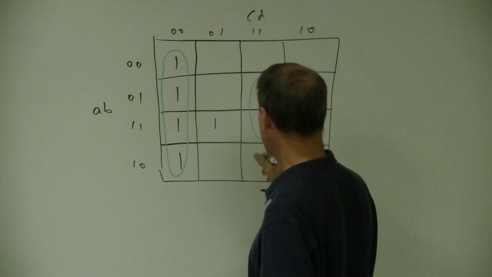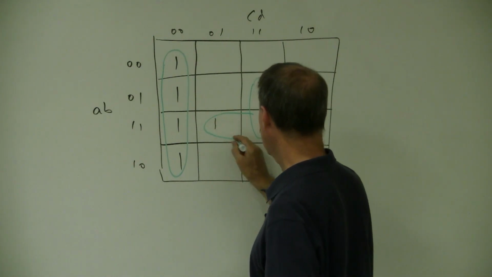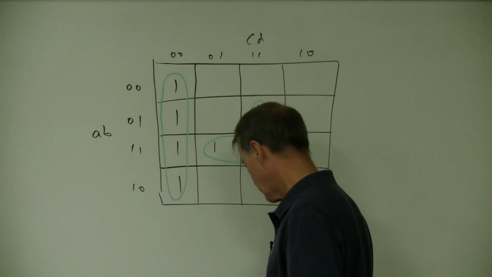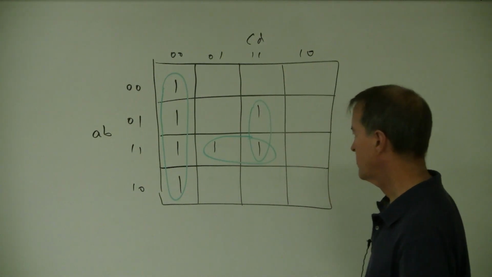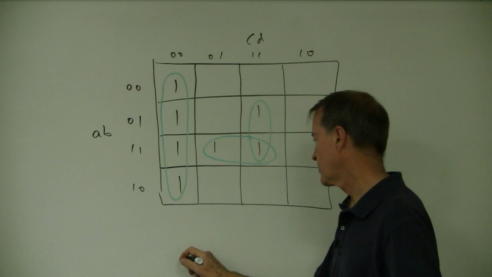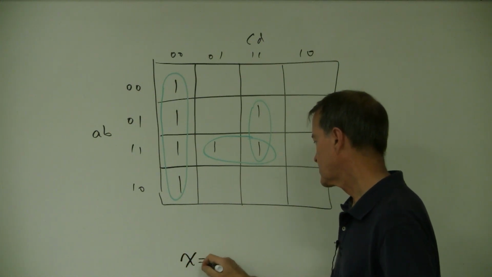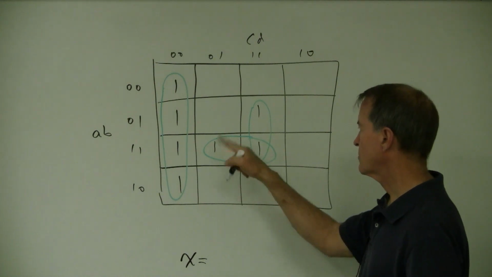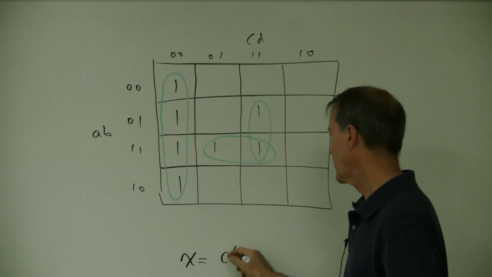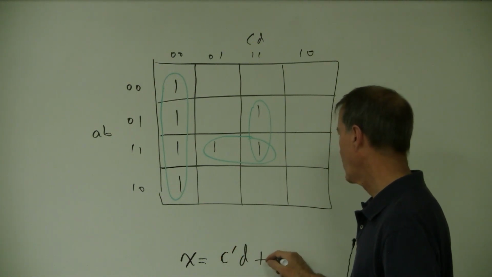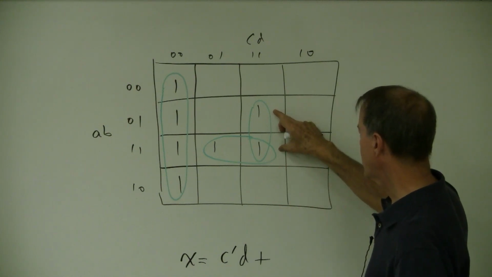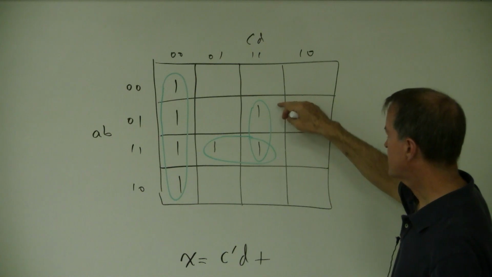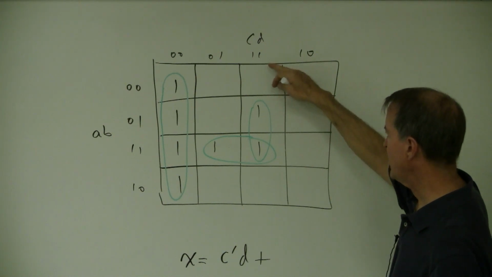So let's go ahead and do it with this. If we do it with this, what's the expression for the function? X is what? So what's the left column? It's C prime D prime. Or, now let's do this one over here. CD. No, there's more than that, because CD would be the whole column.